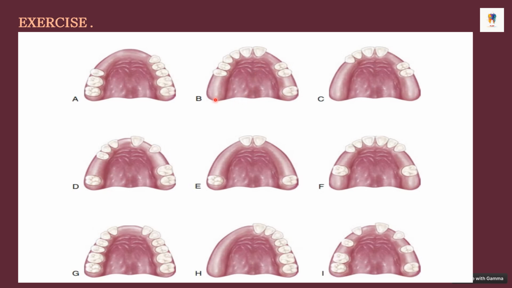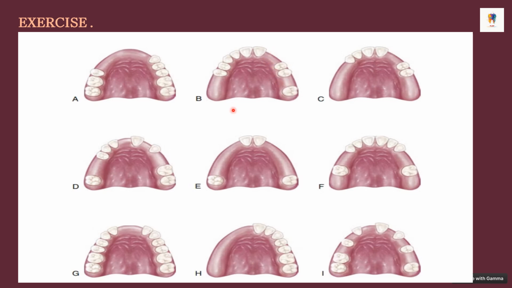Then this is the second one. Here are three missing areas of teeth: the posterior one, then this and this. What does the rule state? The most posterior edentulous area is considered the classification basis. So this is the most posterior area, and this is your class 2. And how many modification areas do we have? 1 and 2.